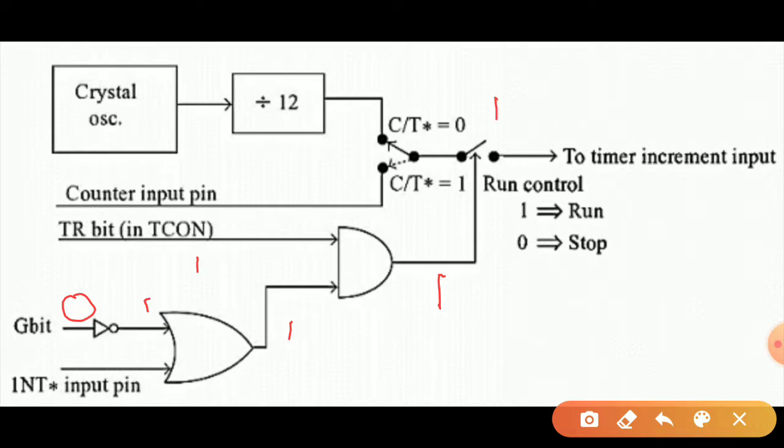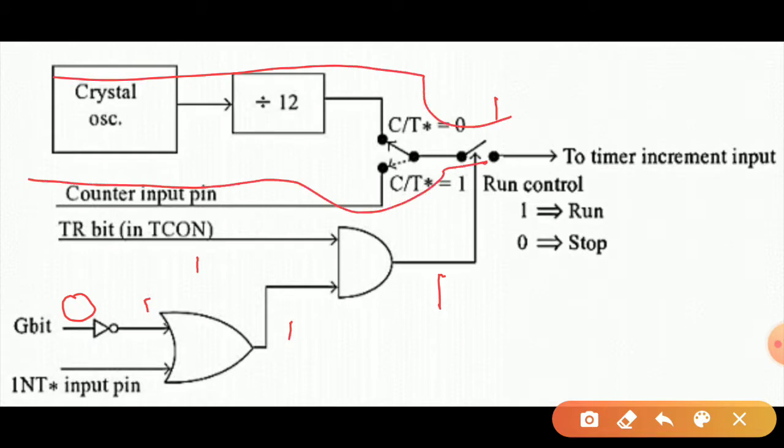With the 1 at this control switch, the switch is closed and the pulses from the previous stages will be connected to the next counting stage.